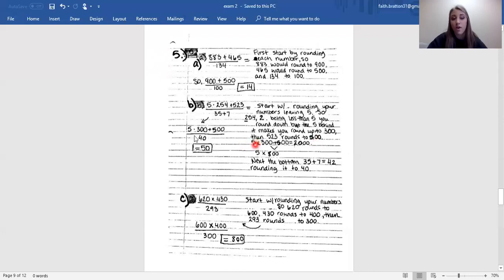Then you go 5 times 300 plus 500 equals 800 times 5, making that 4,000. Then you add 35 plus 7, making it 42. Well, you know 42 rounds to 40. So then you do that, and it comes out to 50.